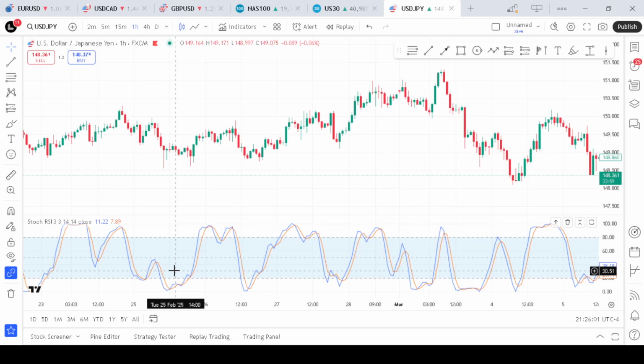Now let's look at the stochastic RSI as a particularly useful tool for identifying overbought and oversold conditions in the market. Remember, when the indicator rises above 80, it suggests an asset may be overbought, signaling a potential selling opportunity.